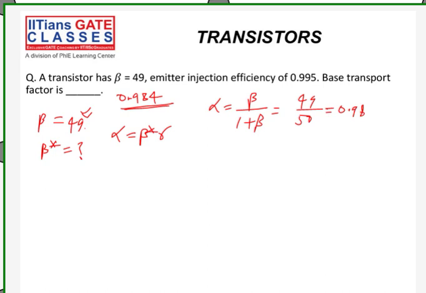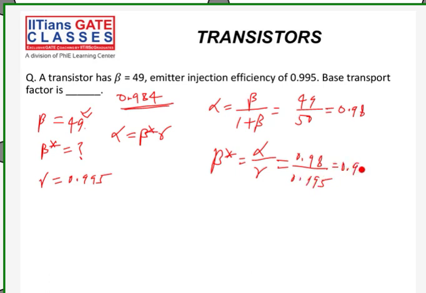One more thing they have given, emitter injection efficiency gamma. How much? 0.995. So I can write beta star is equal to alpha divided by gamma. Alpha is 0.98 divided by 0.995. The value is 0.984.